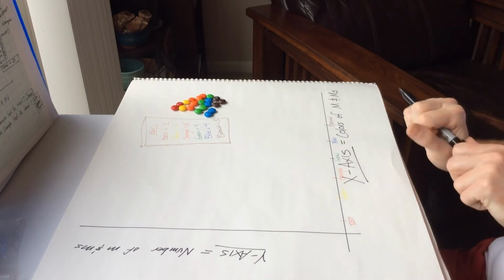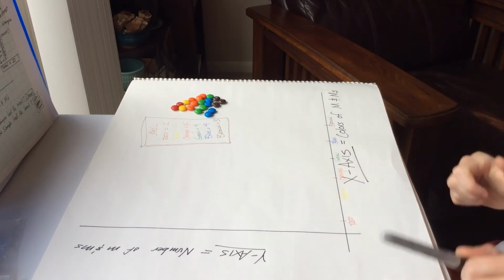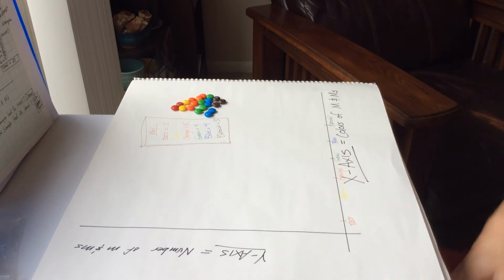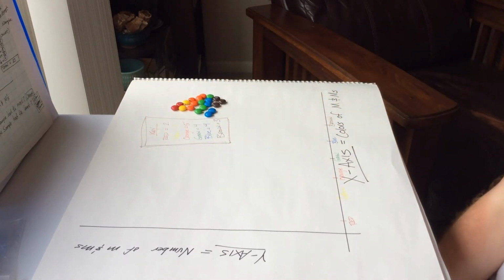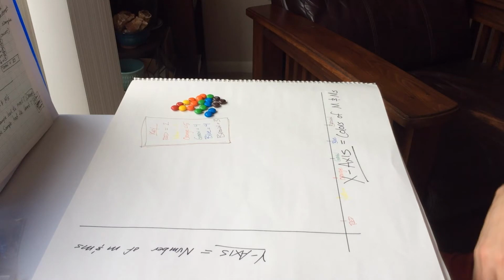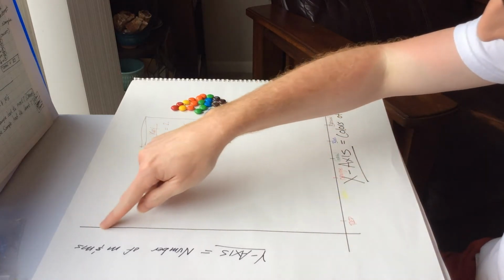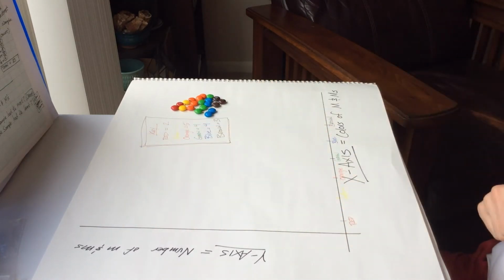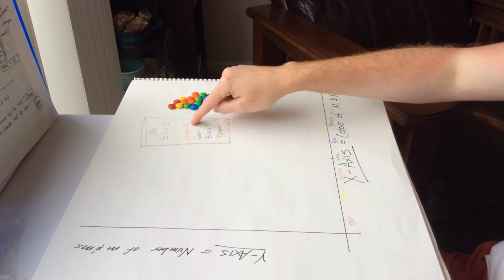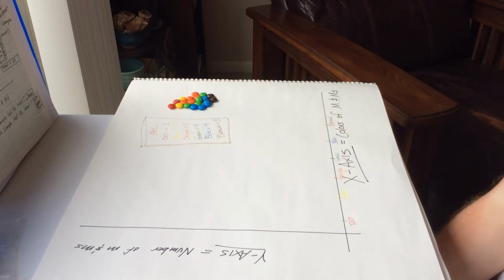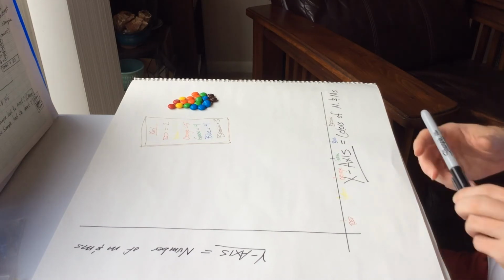So I have my X and I have my Y. And I have my key with my data amounts. So what I'm going to need to do is determine the scale of my y-axis. So I'm looking at my data set here, and it looks as though the largest amount that I have is 5. So I think I'm going to go up by individual units.